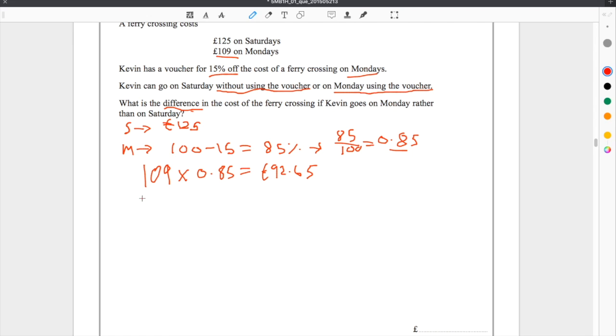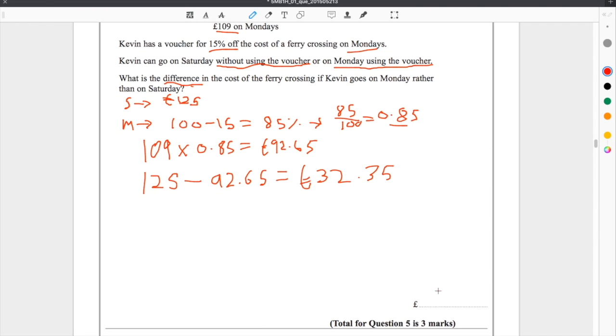So a Saturday is £125, and a Monday is £92.65 using the voucher. So we simply do this calculation, we type that into our calculator, and what we get is £32.35, okay?